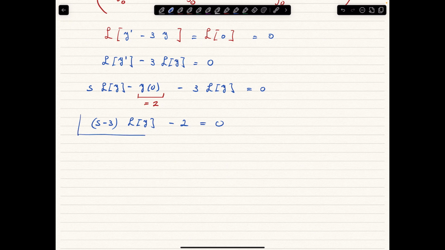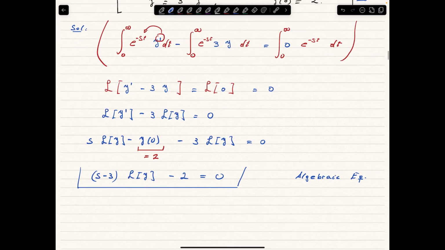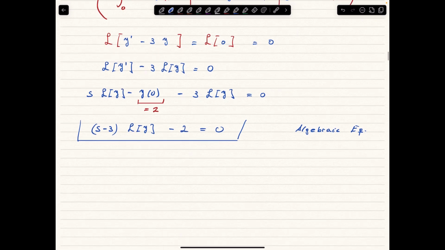Now you see we have an algebraic equation instead of a differential equation. This is an algebraic equation, because derivatives were changed into multiplication by integration by parts. This algebraic equation is super easy to solve.